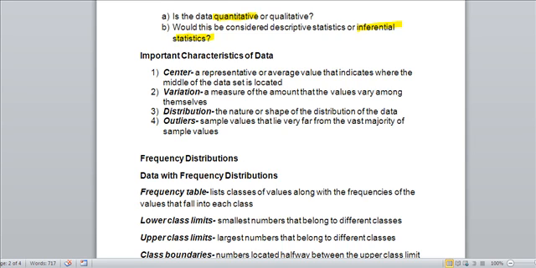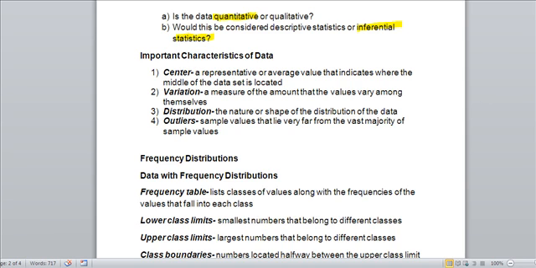Variation is a measure of the amount that the values vary among themselves. Distribution is the nature or the shape of the distribution, and we'll talk about different types of distributions. And then outliers are sample values that lie very far from the vast majority of sample values.